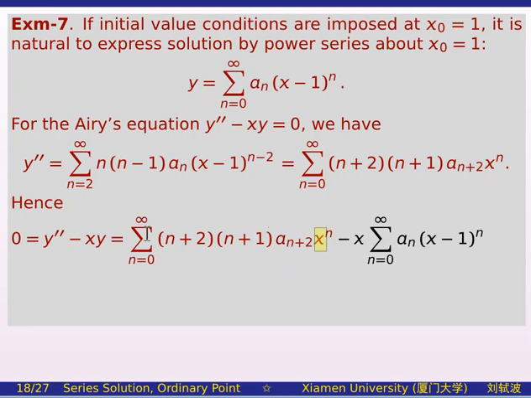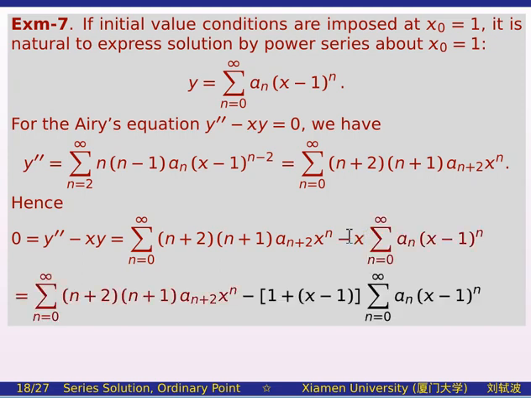So these two series are not easy to combine together, because this is (x minus 1)^n, and this is also (x minus 1), but here we have an x. The method is to write the x as 1 plus (x minus 1). So we have an x minus 1.